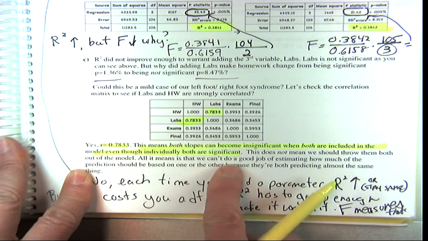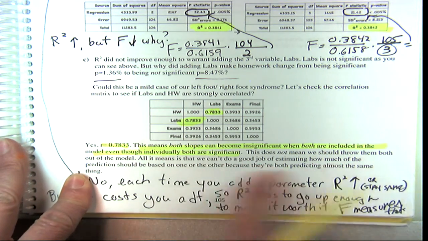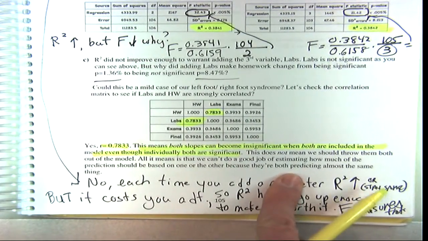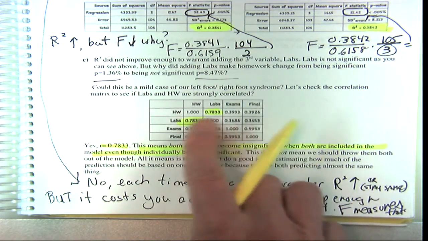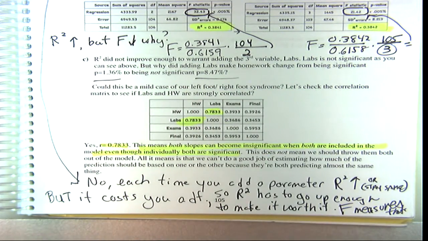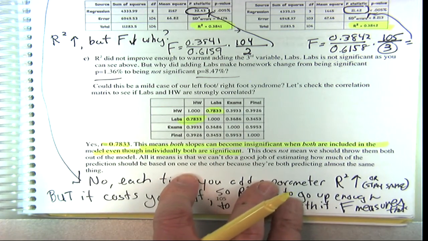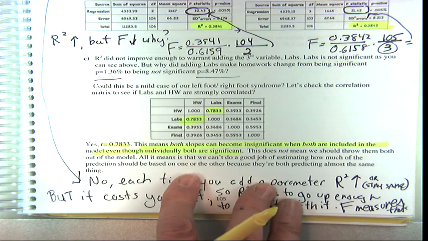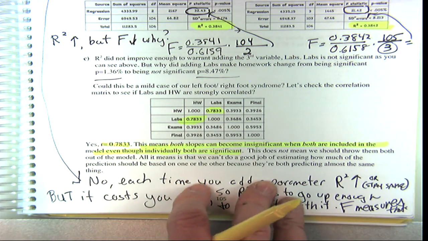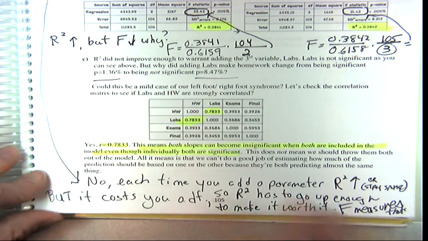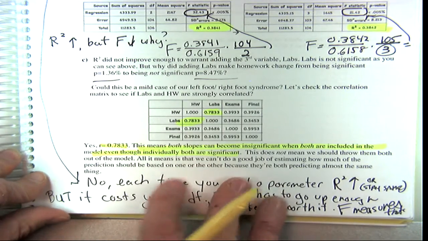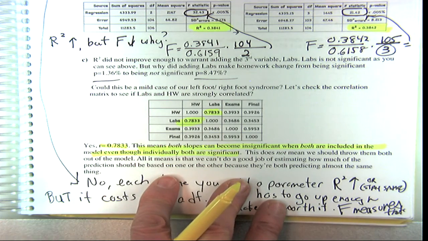All it means is we can't do a good job of estimating how much of the prediction should be based on one or the other, because they're both predicting just about the same thing. So those coefficients don't make very much sense. If they're predicting exactly the same thing, then any linear combination of the two of them would work.